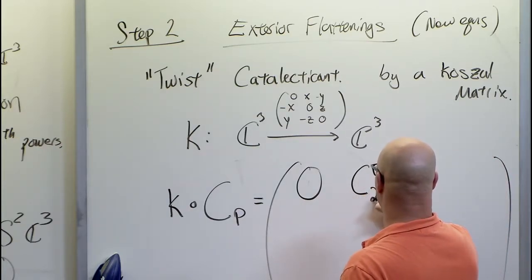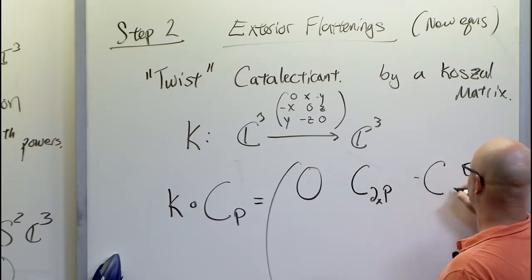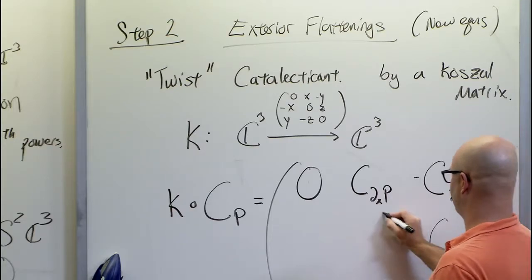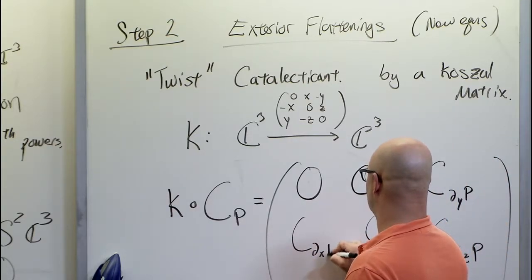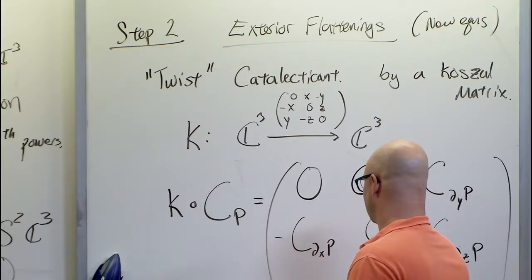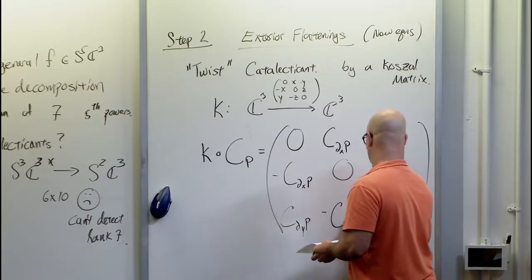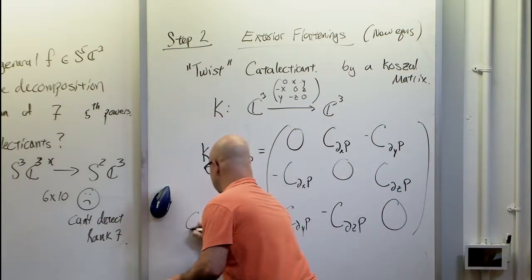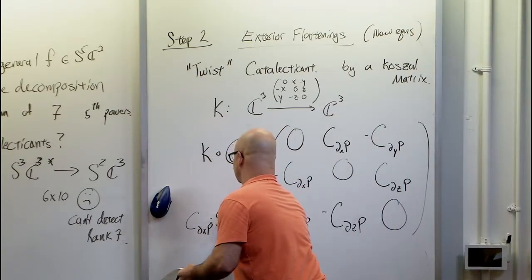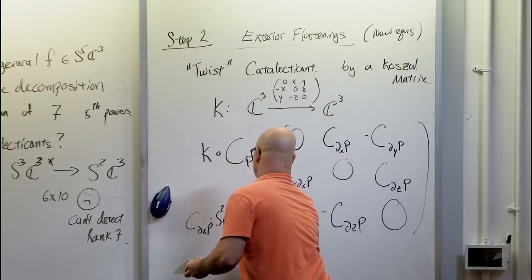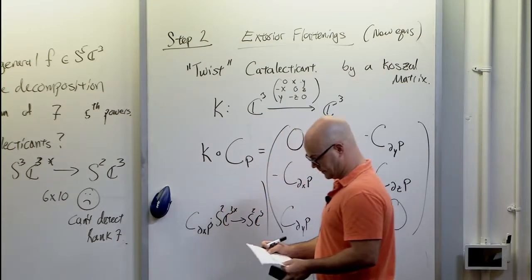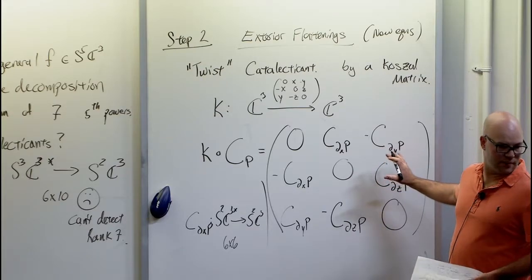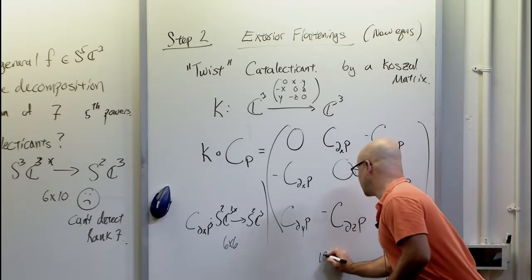This is C partial x P, negative C partial y, C partial z, 0, C partial x, C partial y, C partial z, 0, where C partial x P, for instance, is from Sym^2 C^3 star to Sym^2 C^3. So this is a 6x6 matrix, and then I have a 3x3 matrix with 6x6 blocks, so this is 18 by 18.